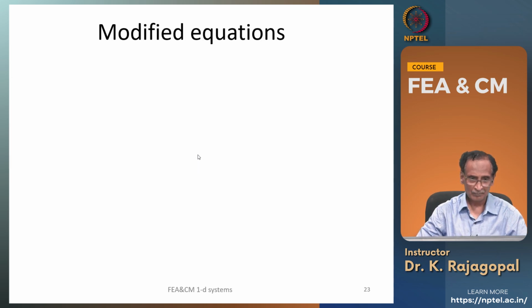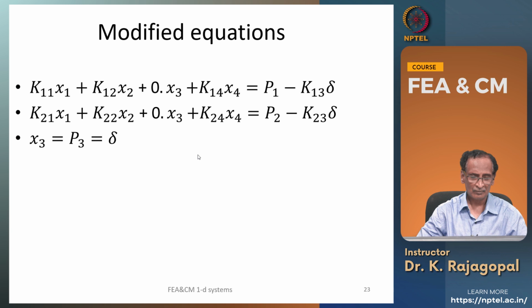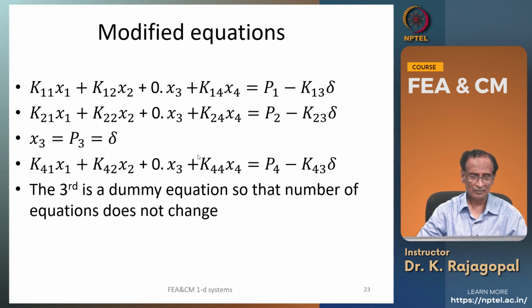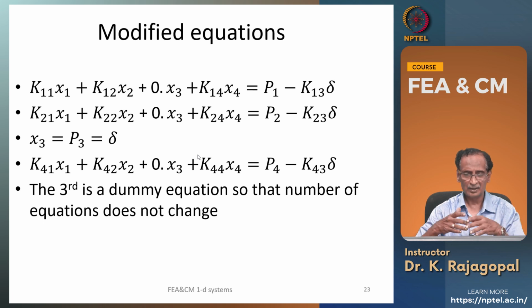So, for that reason, we retain the third equation, but as a very trivial equation, x3 is equal to delta, and then our job becomes more simple.